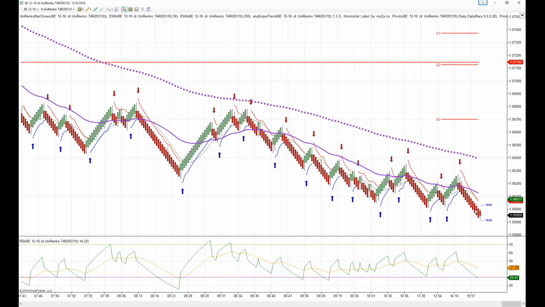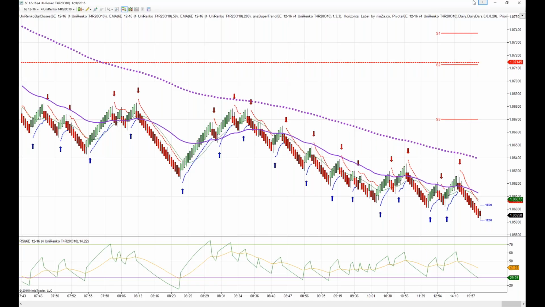Now we've had a bunch of red bars in a row. I would want some kind of retracement up. 1 green bar, 2 green bars, something, a retracement up. And then I would look to sell this. Okay? Makes sense? I would be looking mostly for a red arrow, and we're going to be talking more and more about the red arrows in the live room. Okay?